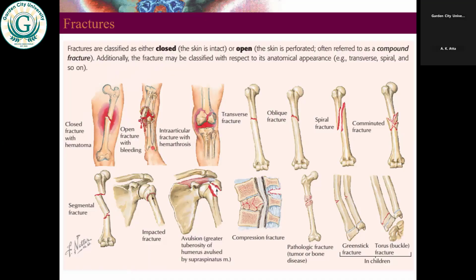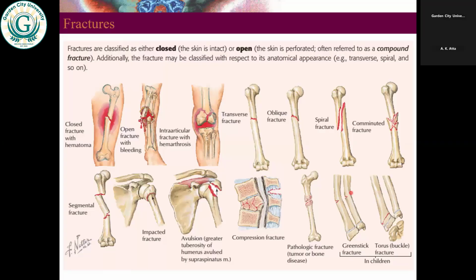Depending on how the bones are broken, we can have transverse fracture, we can have oblique, we can have comminuted fracture. And then, of course, in children, you have what we call the greenstick fracture. You see, that's only a part of the bone that is actually broken. The other part doesn't break.